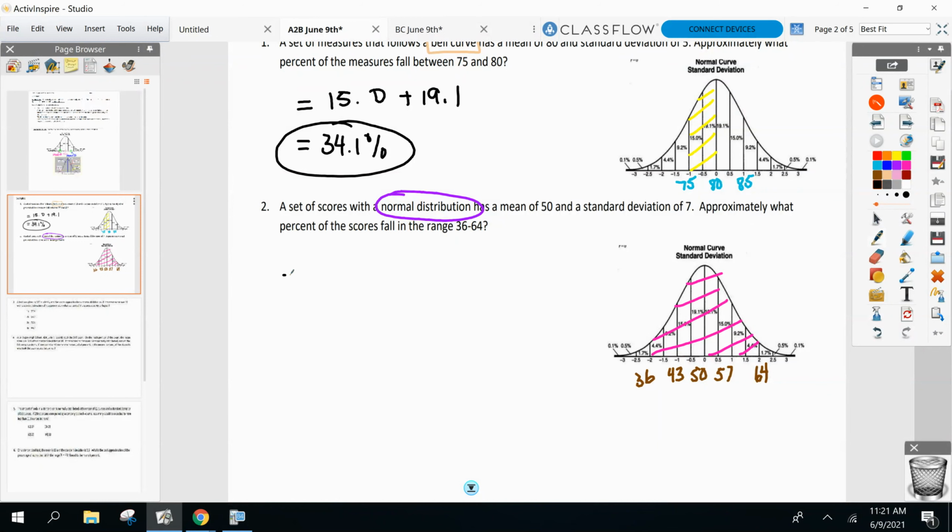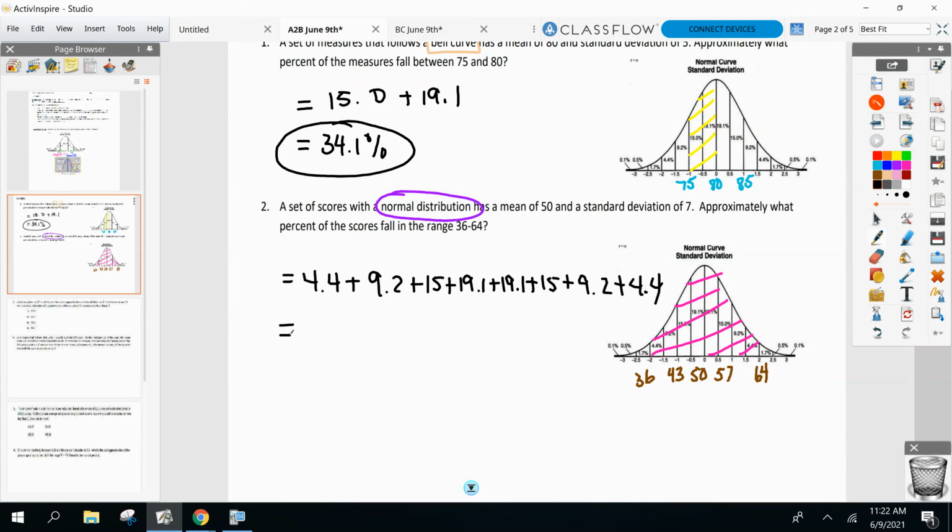Ooh, we got a lot here, huh? 4.4 plus 9.2 plus 15 plus 19.1. And you'll see most of the scores, most of them fall within that range.